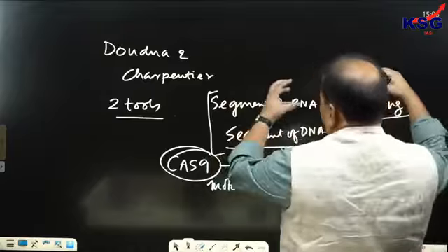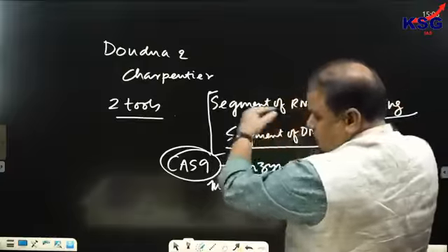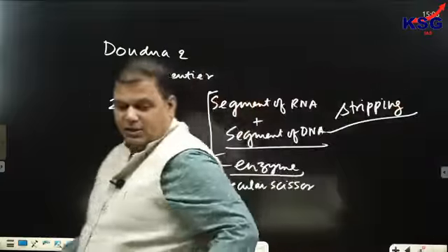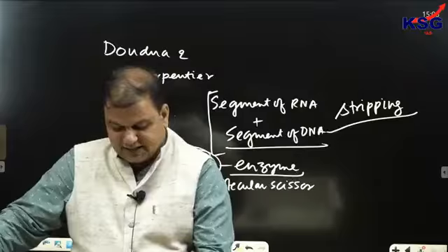First the RNA goes and binds with the segment of DNA, and then Cas9 acts as a molecular scissor to strip it off. Clear? So that's CRISPR-Cas9 technology.